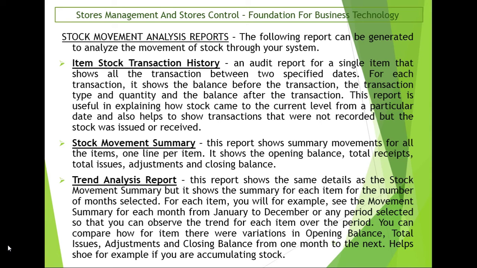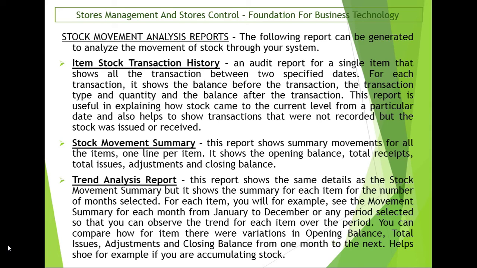So a typical example of a stock transaction history would have transactions, say from the 1st of January 2020. The item starts with a balance of 0. Then the first transaction is a purchase of 20. So that transaction will say from 0 we bought 20 and ended up with 20.